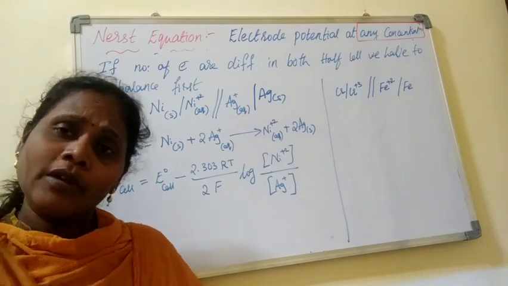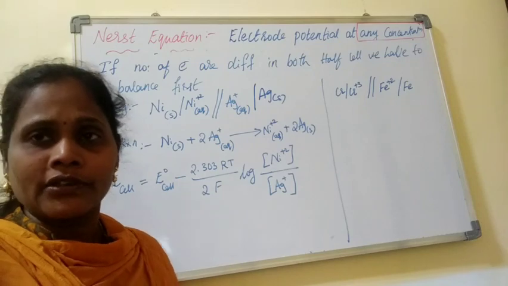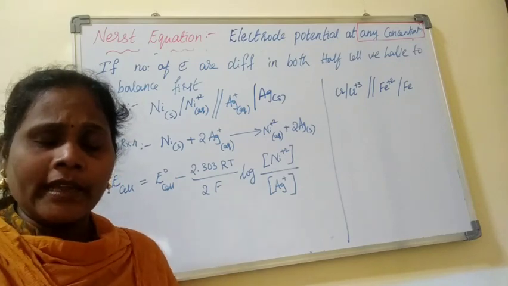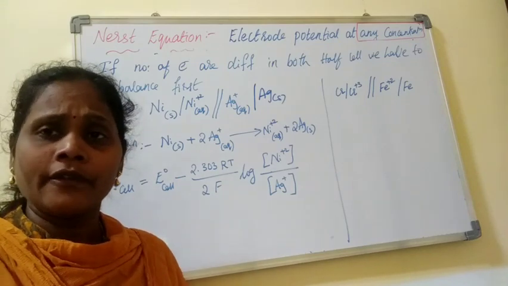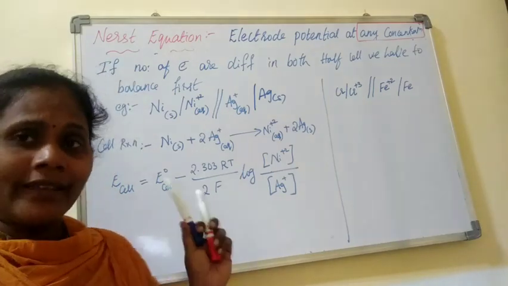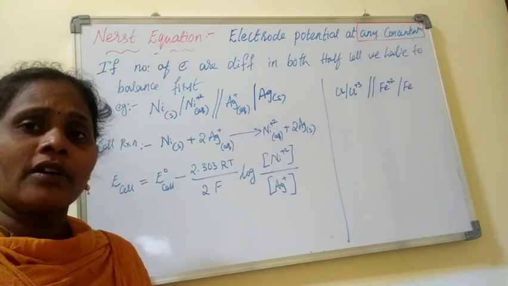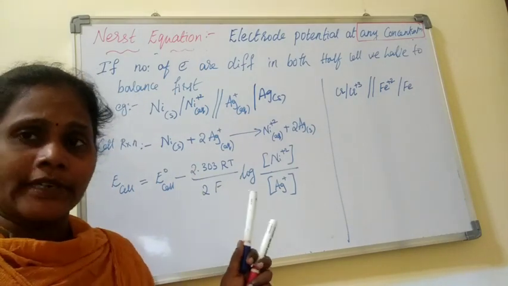Actually, this was not a problem for us in calculating the E naught of the cell. Whatever the number of electrons, we have done E cathode minus E anode. There is no problem because we are taking 1 molar concentration. But here we are taking different concentrations. Therefore, we have to concentrate on the number of electrons evolved and accepted.